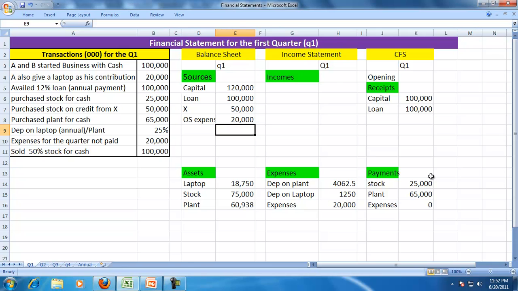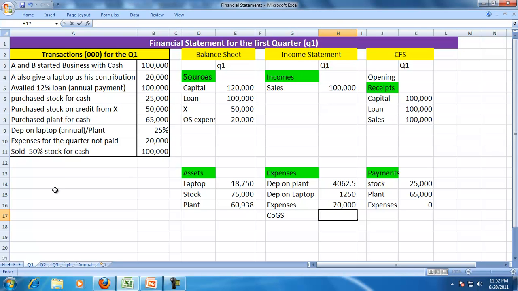And now you see we are selling the entire stock, so that is an income for us, and 100,000, and you got cash. Okay, so sales is 100,000, and whenever there is a sale there has to be cost of goods sold. How much you sold? You had a stock of 75,000.